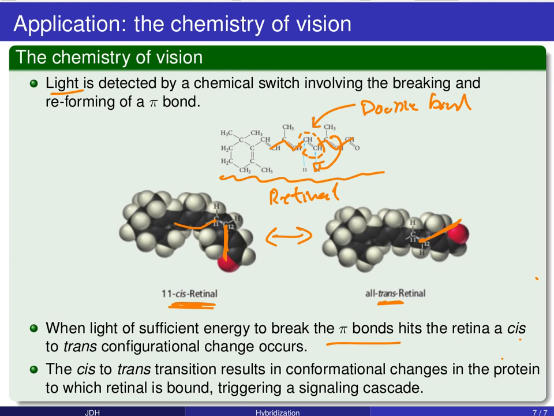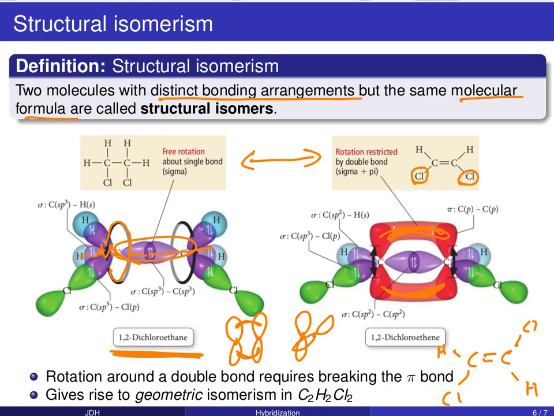So here we have it. Double bond chemistry is really the foundation for the chemistry of vision, and understanding this valence bond model really allows us to appreciate why this occurs, at a deep quantum mechanical level, at the level of how these electrons actually look. So that rounds out our set of examples here.